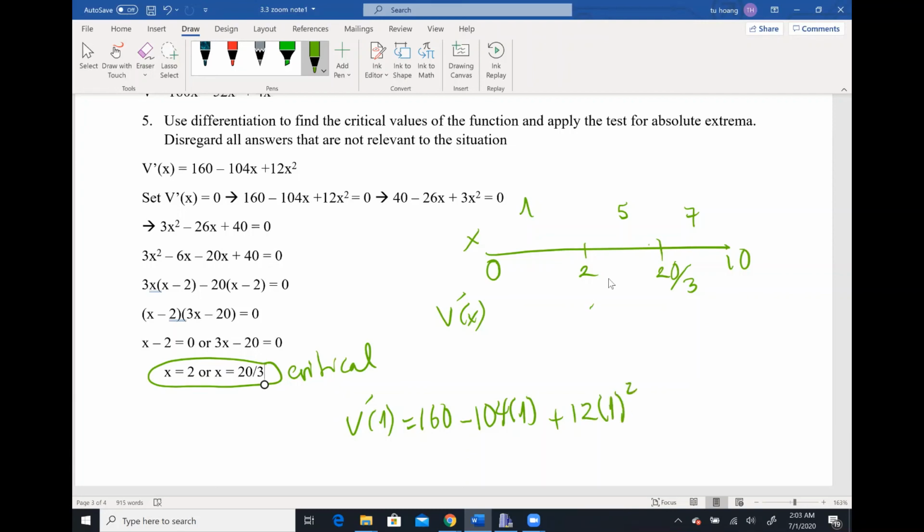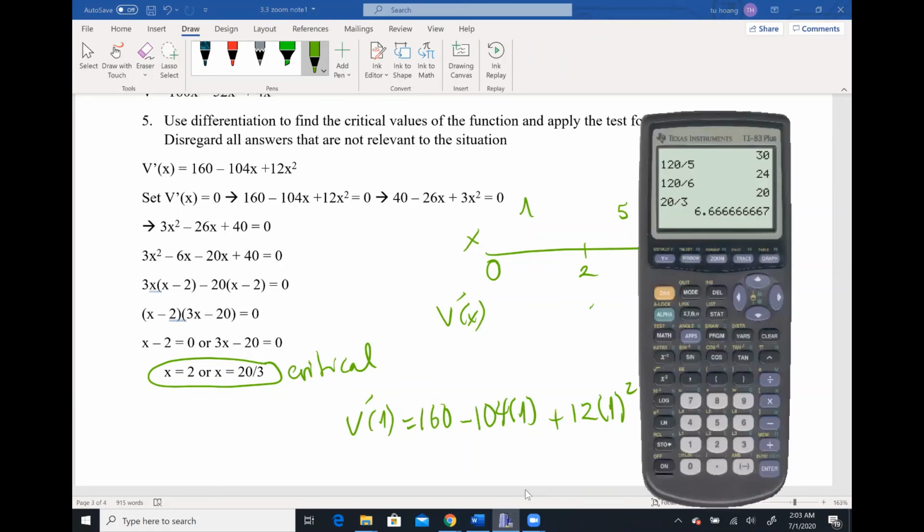So I'm going to have 160 minus 104 plus 12 times 1, which is just 12.